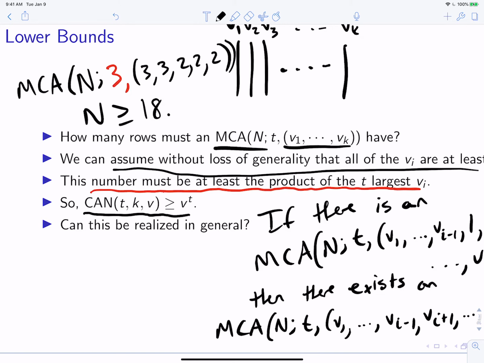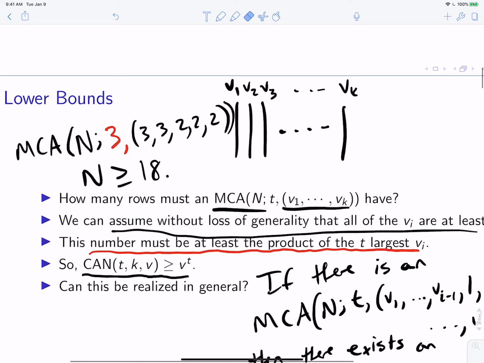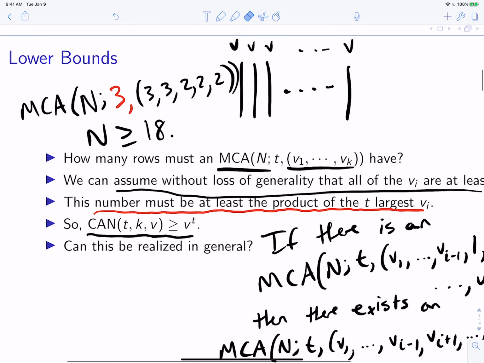So if every single column here has exactly v values, well, if we pick any t of them, then we must have v times v times v times etc. times v rows. So if we pick t of them, that means we have v to the t number of rows in general.